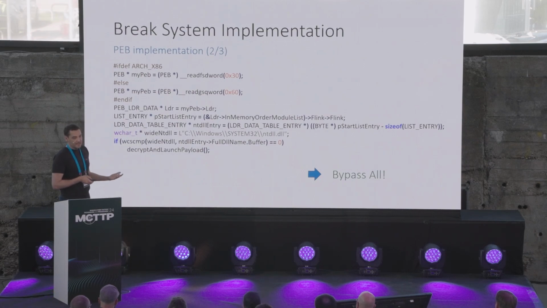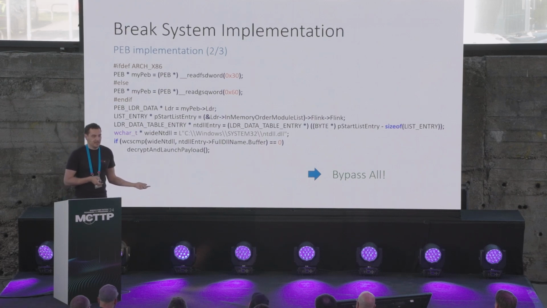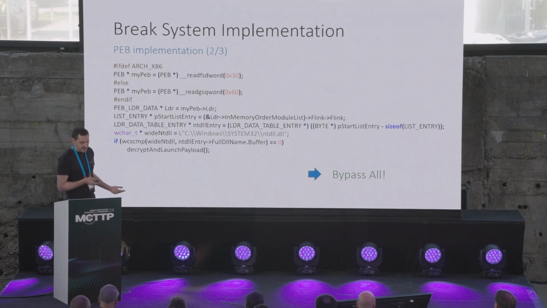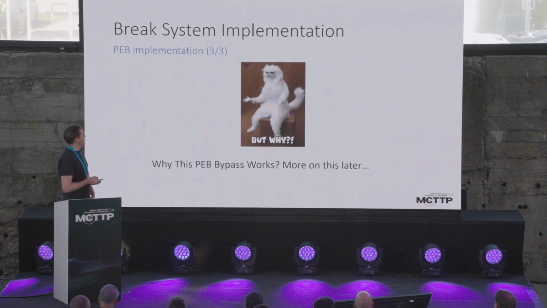And if they are the same, I decrypt the payload. This bypasses every antivirus I tested, because something is not implemented correctly in the PEB. Why? What is not correctly implemented? I know, and I'm going to explain to you later.